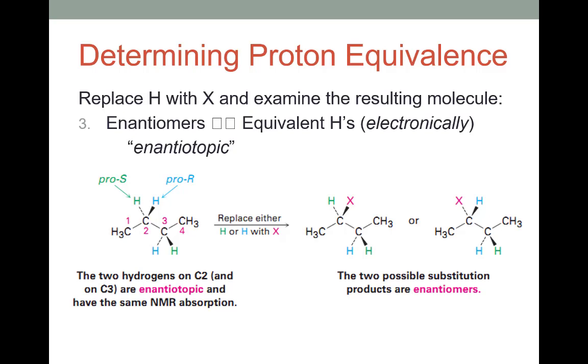If doing this hypothetical substitution gives us a pair of enantiomers, we would say that those hydrogens are equivalent. We already knew that from the previous slide, but in this particular case, we would call these enantiotopic hydrogens. They're still equivalent. They would still contribute to the same NMR signal, but the word is a little bit different.